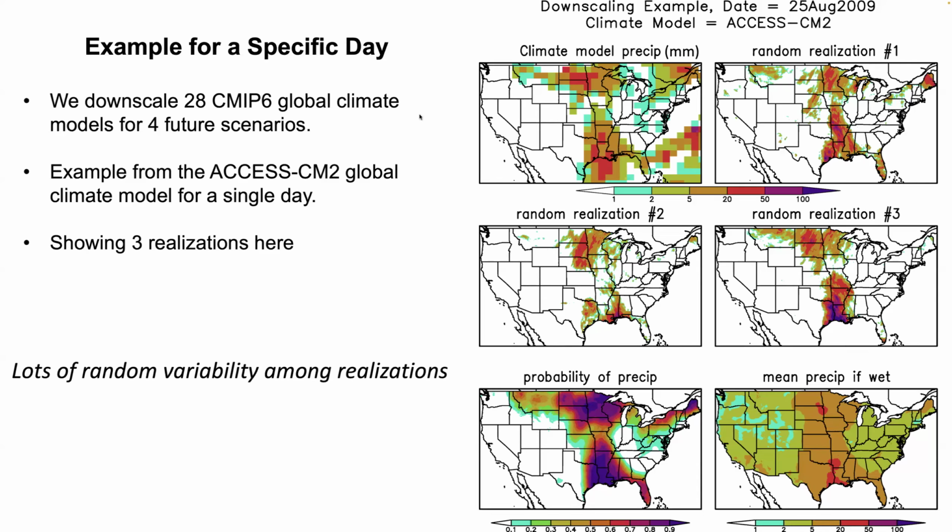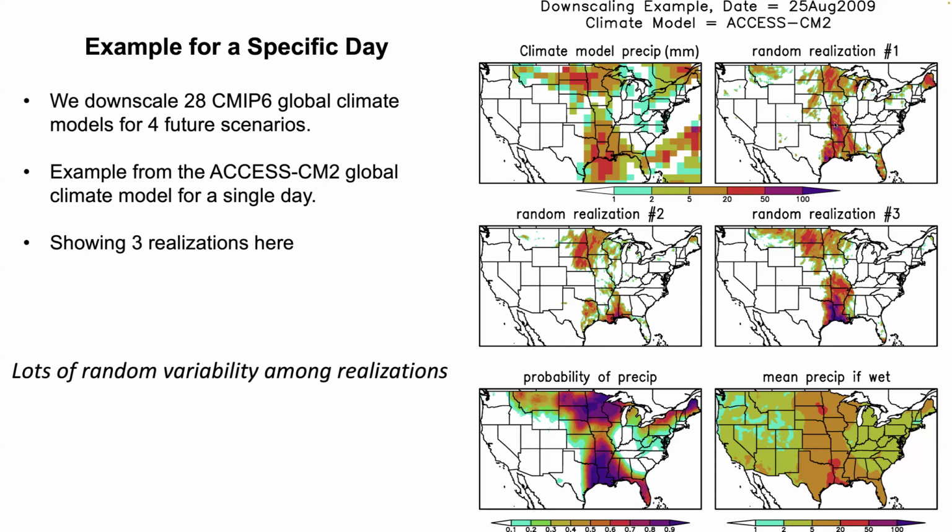What we find here is that the climate model precipitation from this particular GCM is shown here. On this day, there was a lot of rainfall near the Gulf, and then a lot of rainfall in the northern plains. Random realization number 1 captures things in a general sense. It captures these 2 bullseyes, one south and one north, but the northern bullseye is situated over Minnesota instead of more over the Dakotas.